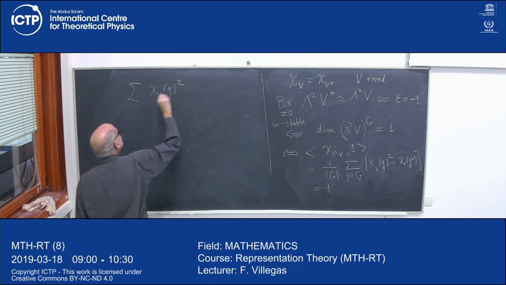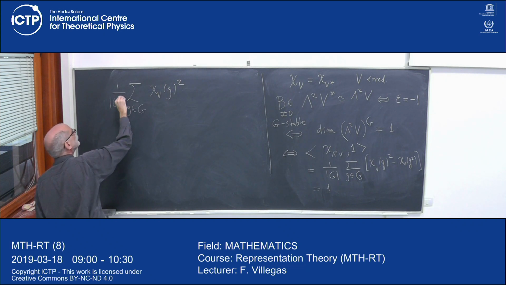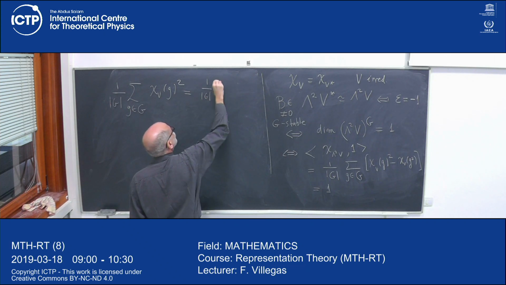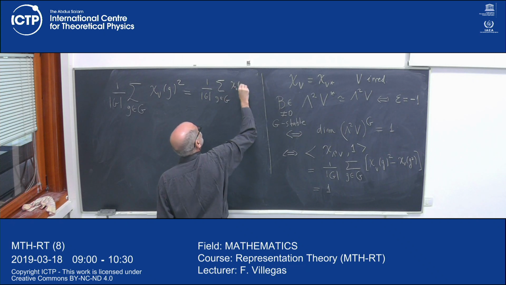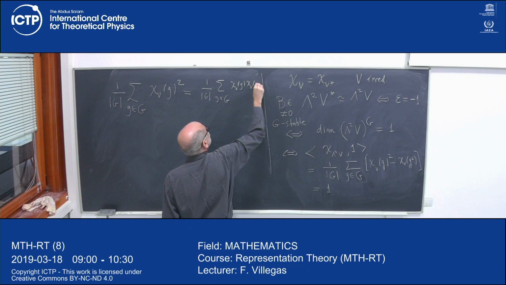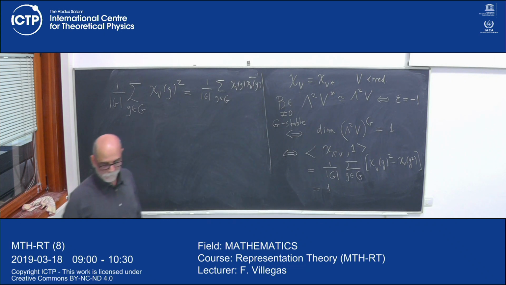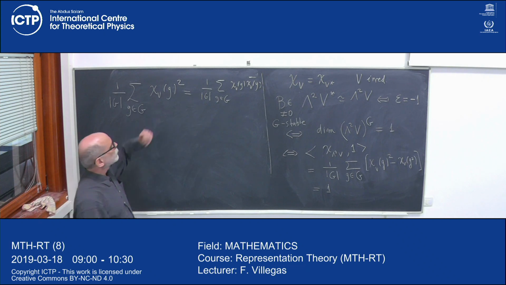So this sum, on the other hand, is the same as the sum with the conjugate, because the conjugate is the same as itself, since the character is real.